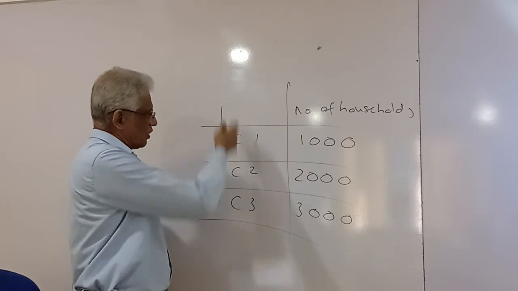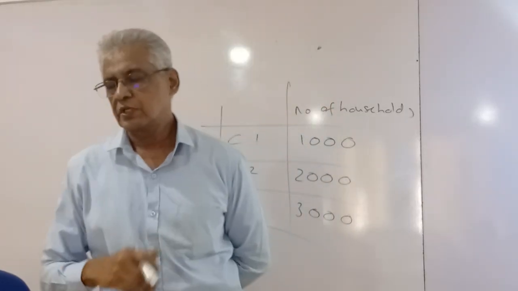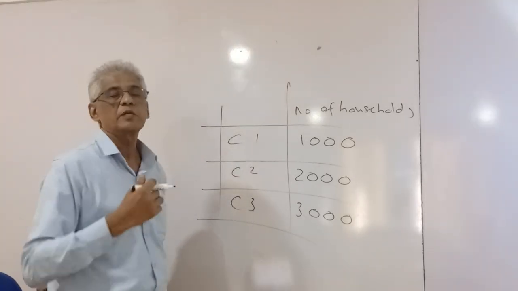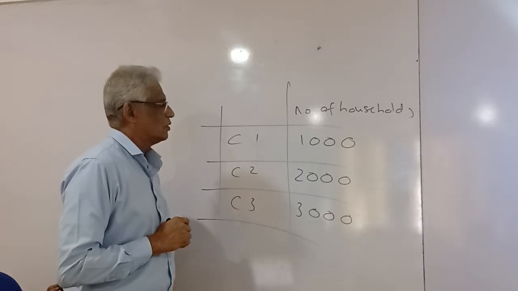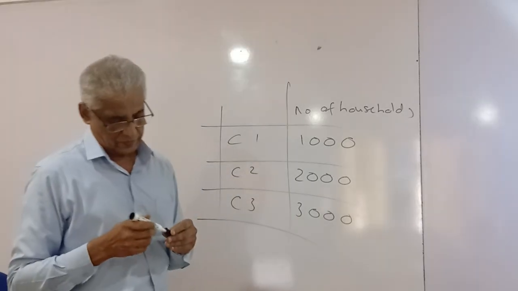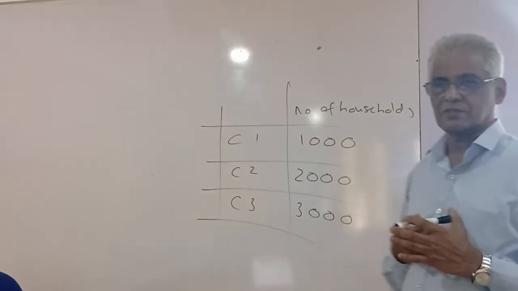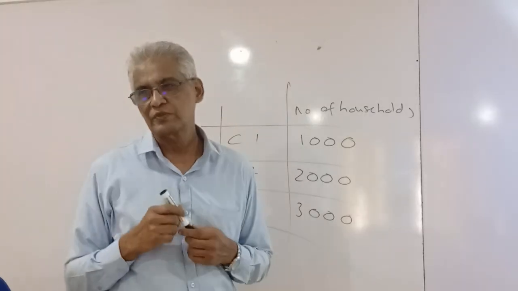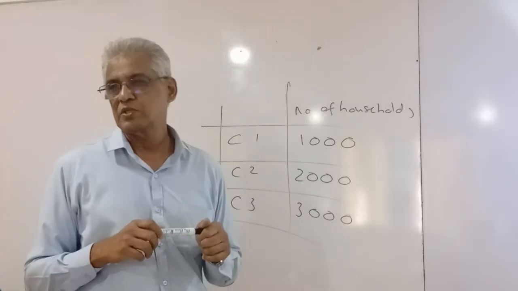Then you want to select one of these three with probability proportional to size. Can you suggest a method to select one county using probability proportional to these numbers? You have to select one county. There are three counties in this PSU.